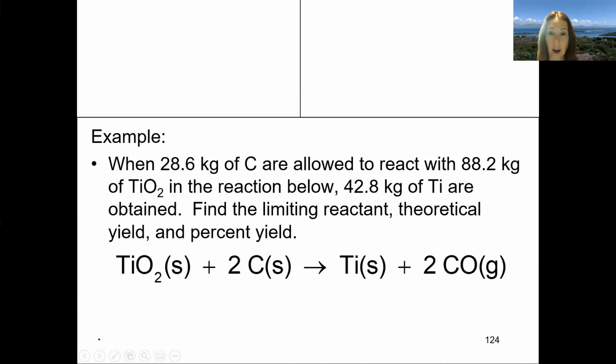Again, if you have a balanced chemical equation, use the balanced chemical equation. So it says when you have 28.6 kilograms of C, and it reacts with 88.2 kilograms of this, we get 42.8 kilograms of this. And we want our limiting reactant, our theoretical yield, and our percent yield.